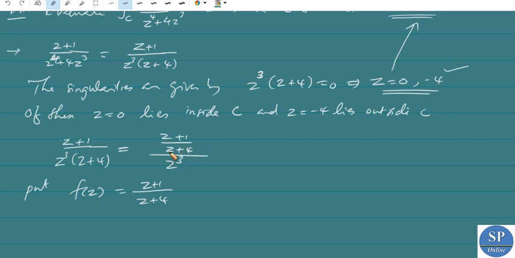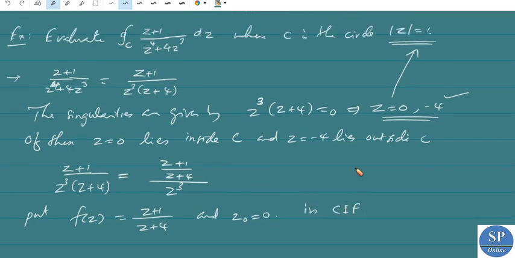This function f of z is not analytic only at the point z equal to minus 4, but that point is outside the circle. So f of z is analytic inside and on C. The denominator is z minus 0 whole cube, so z naught equal to 0 in Cauchy's integral formula.